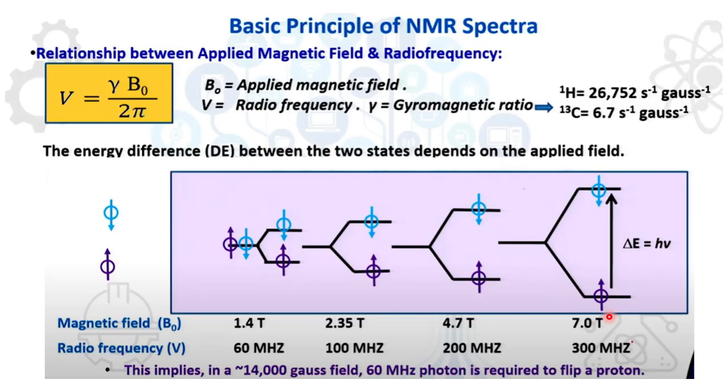Now when we have split into two states, if I want to resonate, what does it mean? We know in quantum, only when the energy is exactly matching can it absorb. Unless it is matching, it will not absorb.